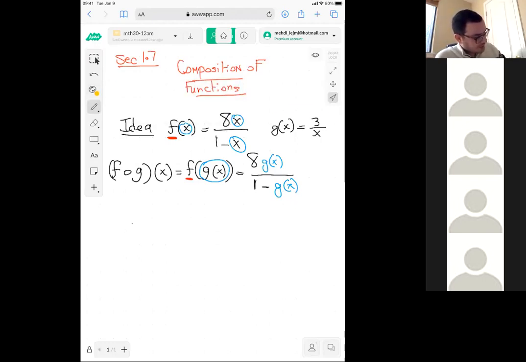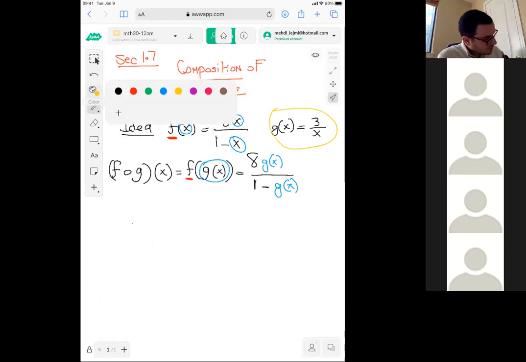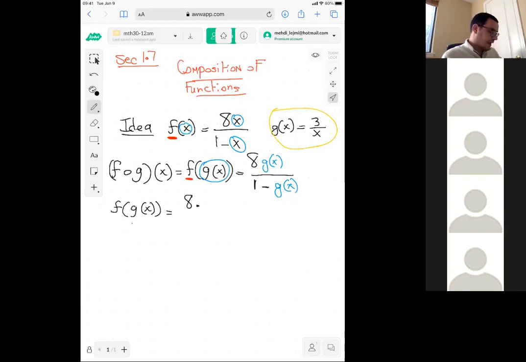My g of x is 3 over x. So f of g of x would be 8 times 3 over x on the top, and in the denominator, 1 minus 3 over x.